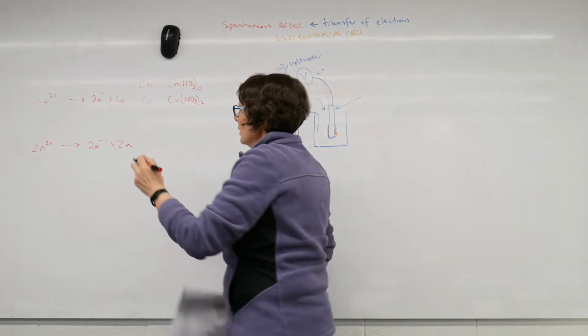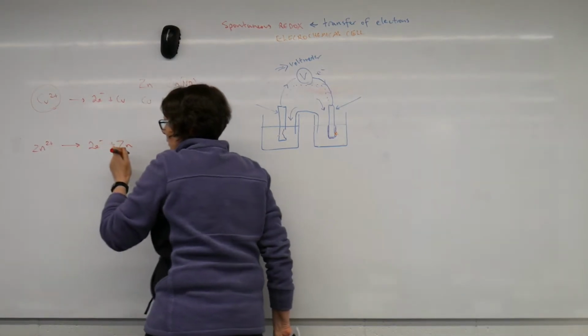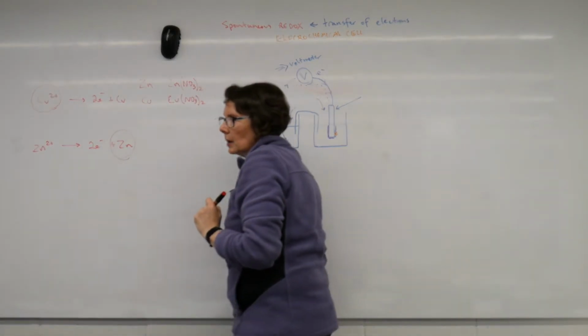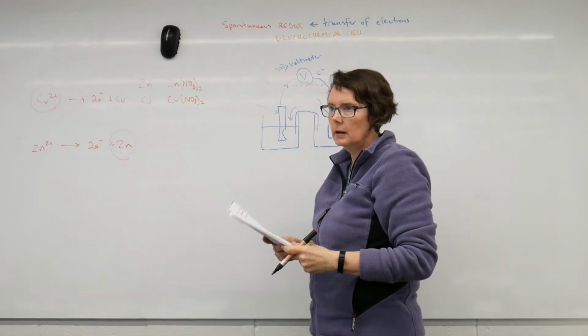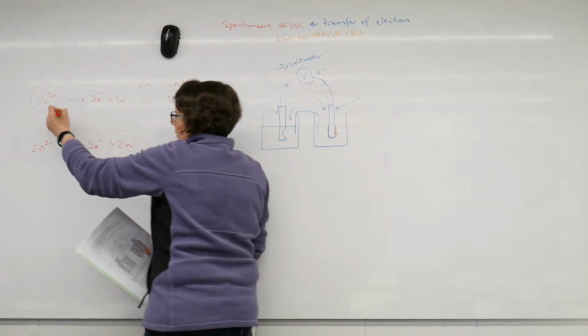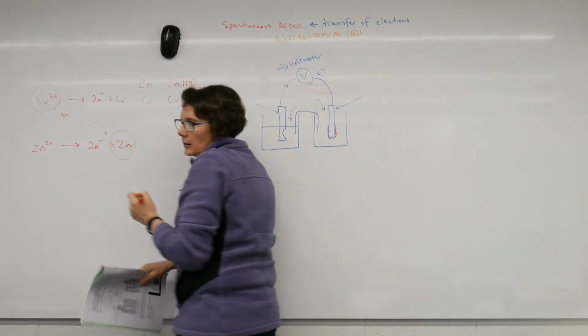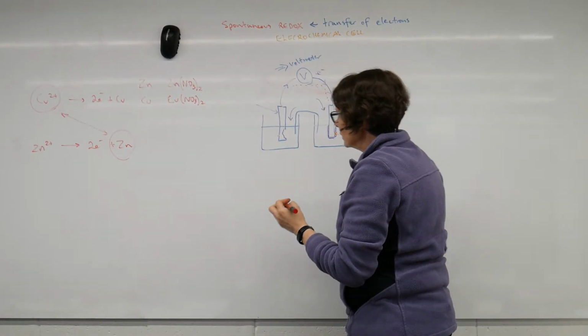And so with this combination, it's this one that's going to react with this one. It's the copper ion that will react with the zinc metal. We need to have the other two present, but these ones are our reacting species. So the zinc is being oxidized.